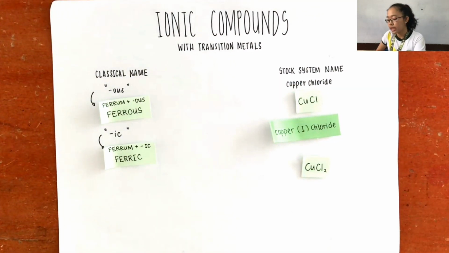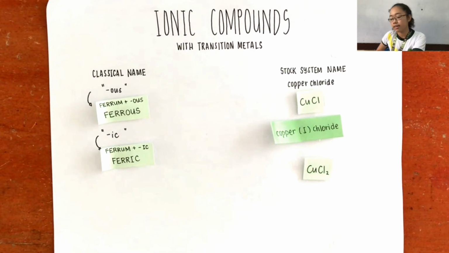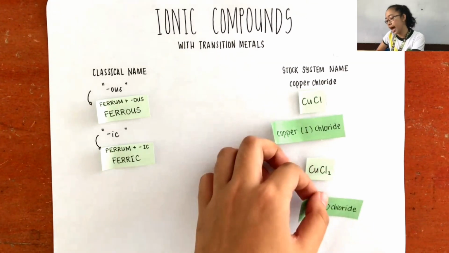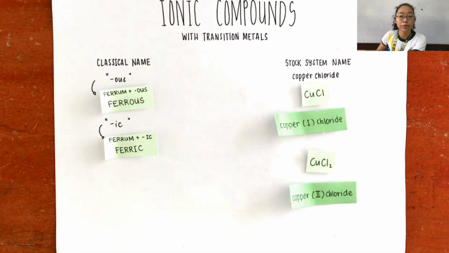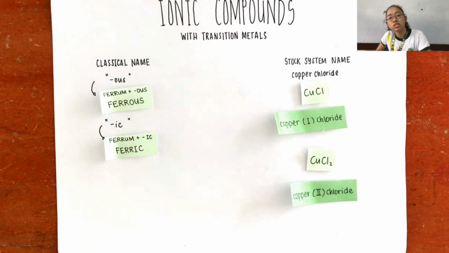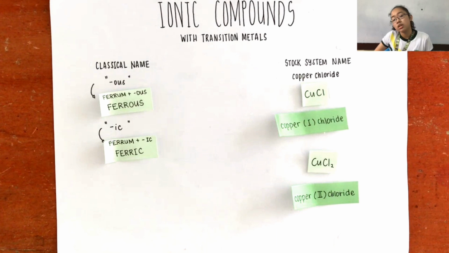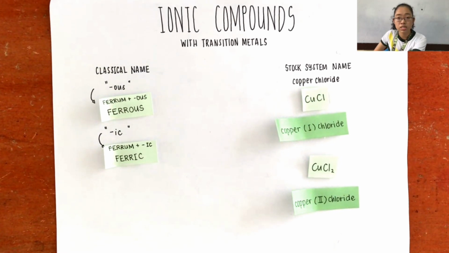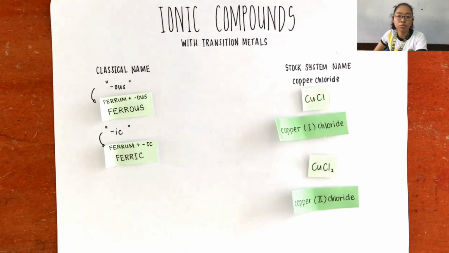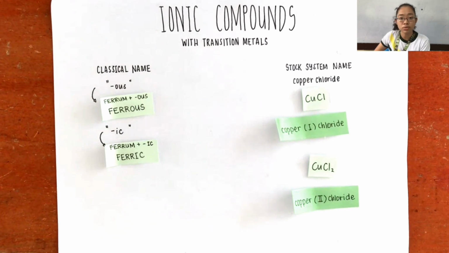If this is copper 1 chloride, then the other formula, which has 2 atoms of chlorine, is copper 2 chloride. So this just means that, to make it short, the charge of the transition metal is the Roman numeral you put beside the transition metal when you turn it into its stock system name.